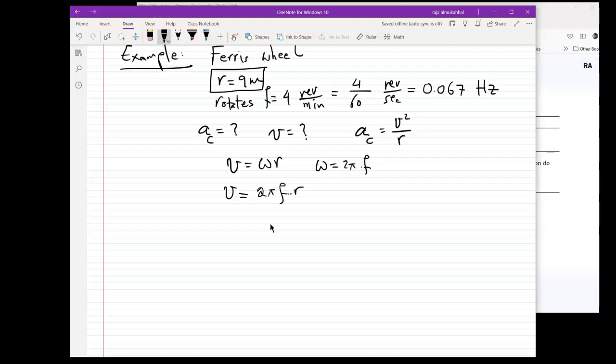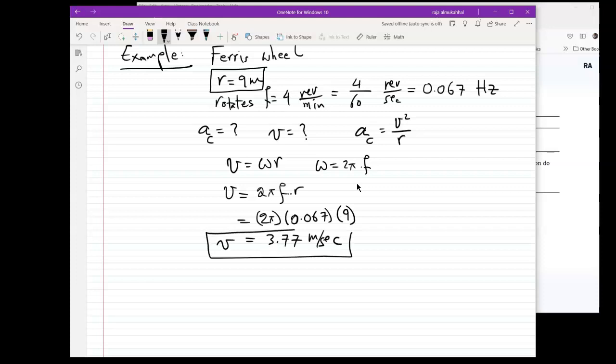I think we have everything, so I go 2 pi, f is 0.067, times 9. When I plug all of that in, 6.28 times 9, equals 3.77 meters per second.